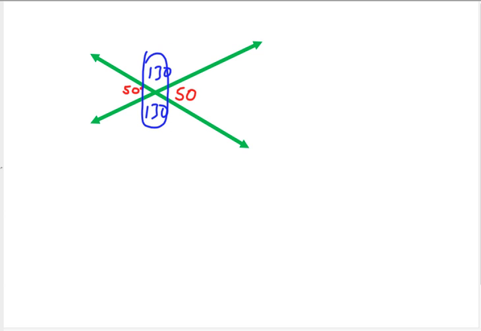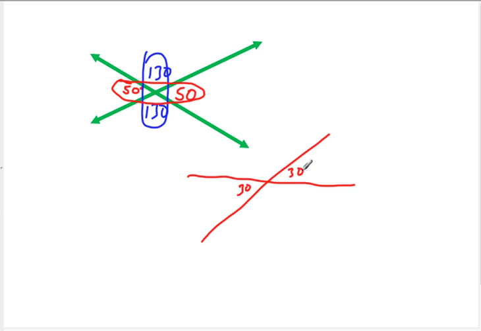So 130 and 130, and 50 and 50. So if I were to set up a new problem, like here and here, and if I said this was 30 degrees, then we would know that this is 30. We would know that this is 150, and we would know that this is 150 as well. All right, and that is it for the video. Thanks for watching.